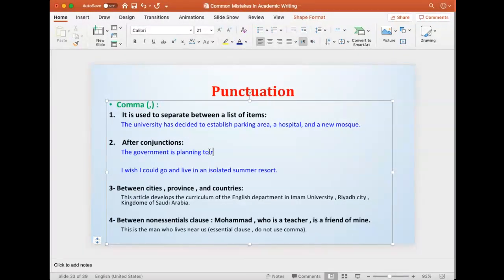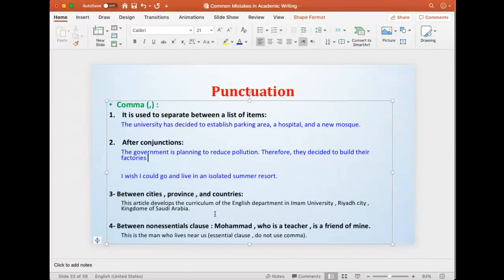Full stop. Therefore, so therefore here is a conjunction. I have to put a comma. Therefore, they decided to build their factories outside cities.